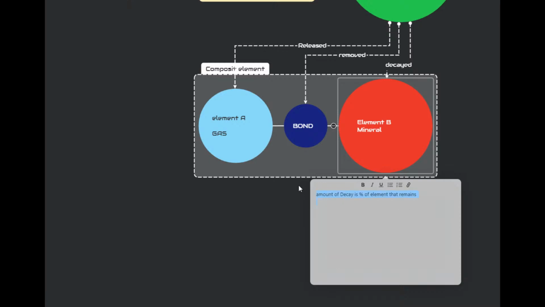So, okay, corrosive elements can affect material elements to the resistance. This is the K value.